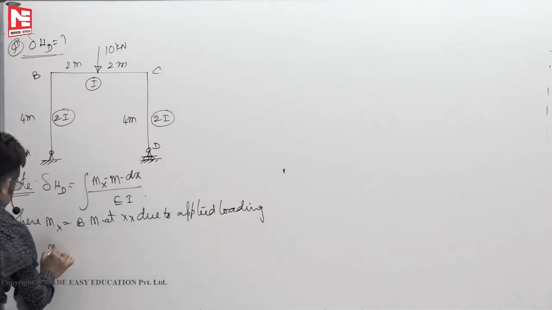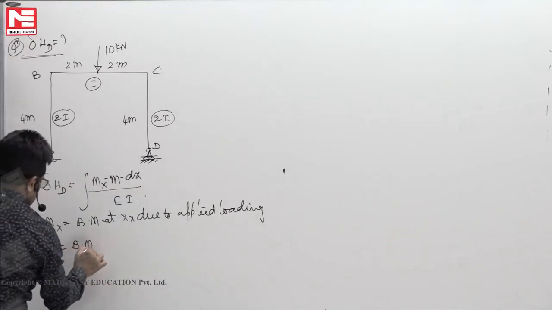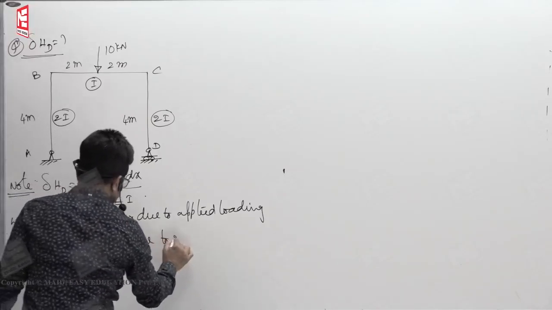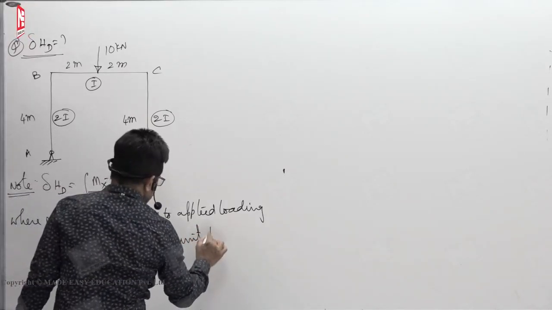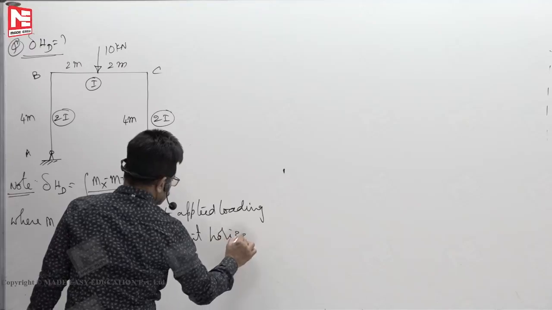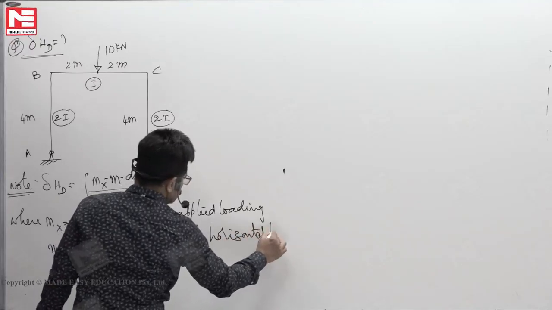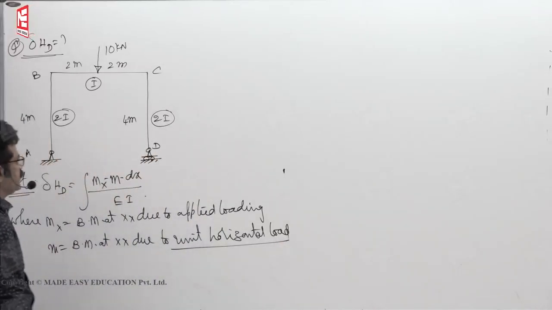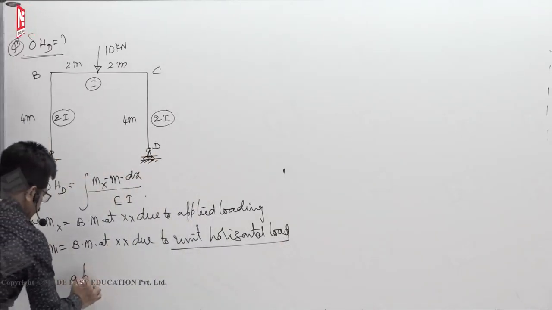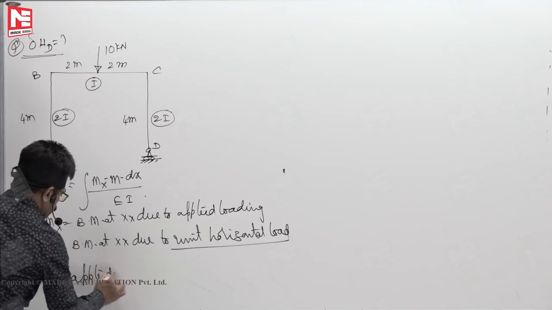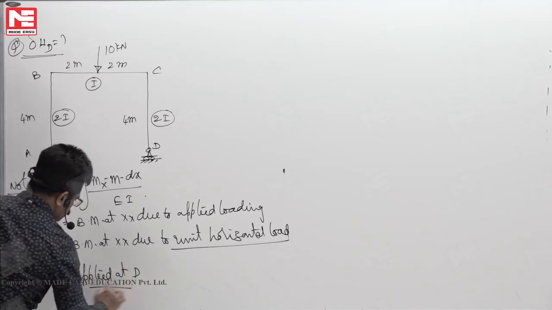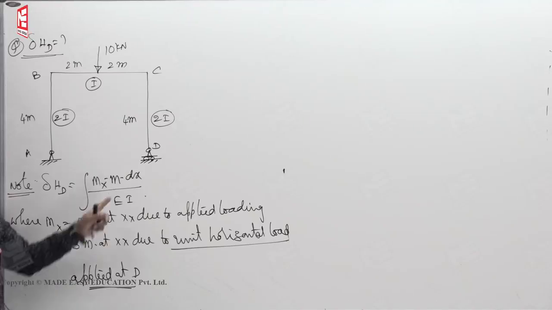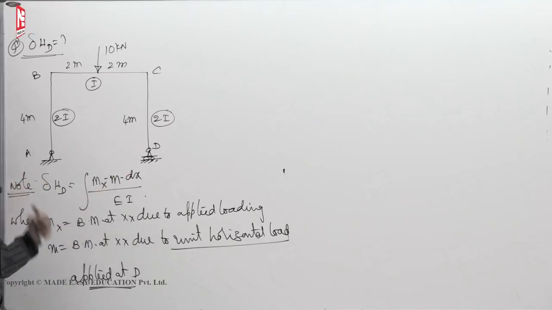Then small m, bending moment at XX due to unit horizontal load. Where do you have to apply the horizontal load? Applied at D. So first step, you draw these Mx and m values, then in the second step multiply them.